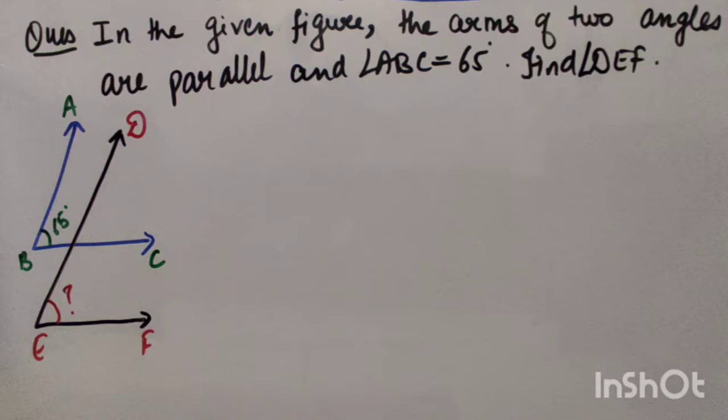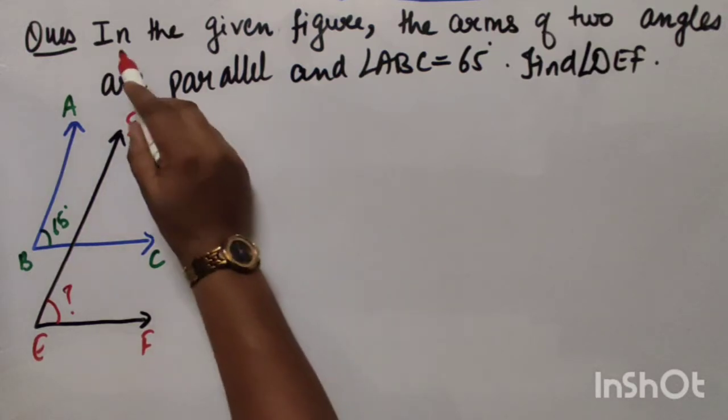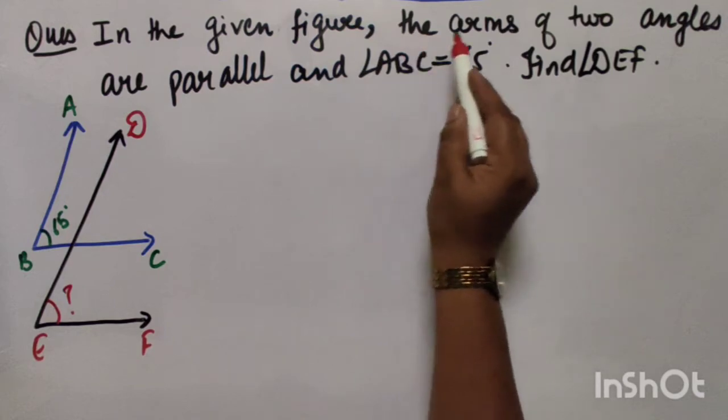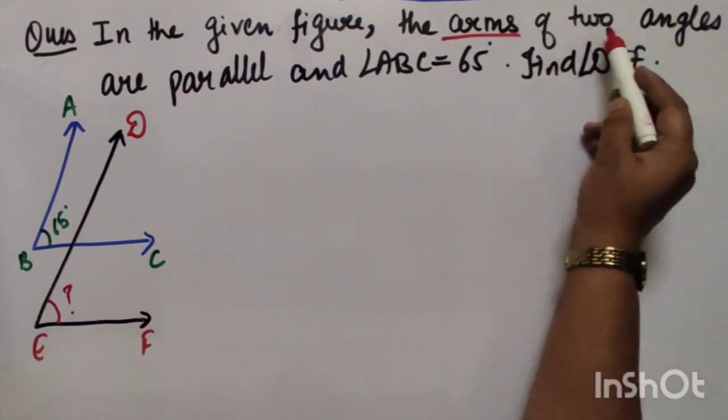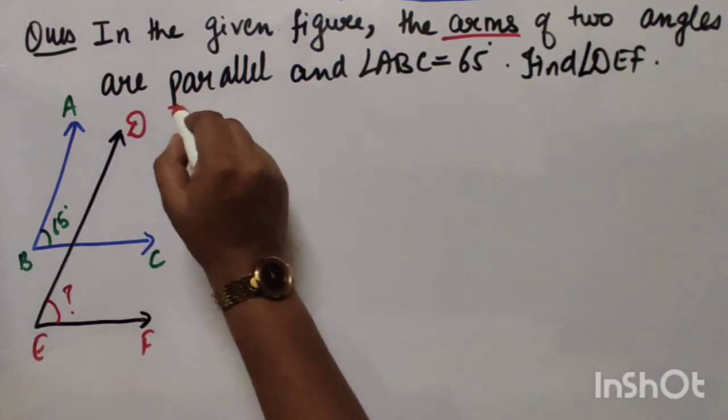Today we are going to discuss one of the questions of your exercise, and the question is written on the board. In the given figure, the arms of two angles are parallel.